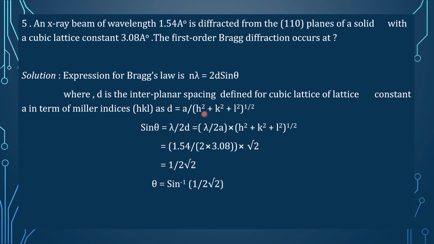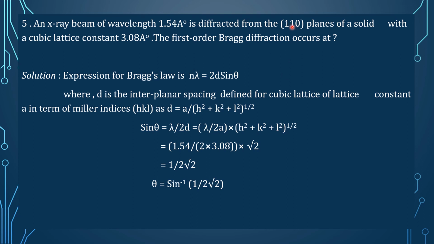So we can write d equal to A by root of h square plus k square plus L square. So from the Bragg's law, we can find sin theta equal to lambda by 2d. So we substitute the value of d in this equation. So we get lambda by 2A into root of h square plus k square plus L square, which is equal to 1.54 divided by 2 into 3.08 into root of h square plus k square plus L square.